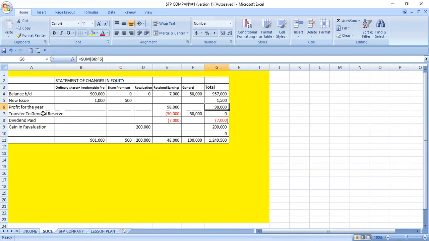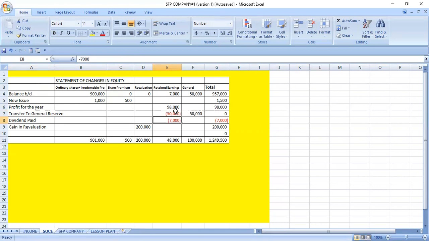Then the directors of the company, these are stewards of the company, are given the responsibility to plan for the company, so they can decide to transfer a certain amount to general reserve. They say transfer 50,000. If they say transfer 50,000 to general reserves, what do you do? We are going to say minus 50,000. It will reduce our retained earnings by 50,000.